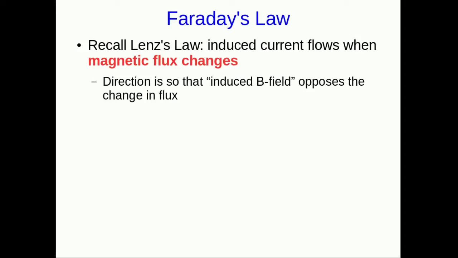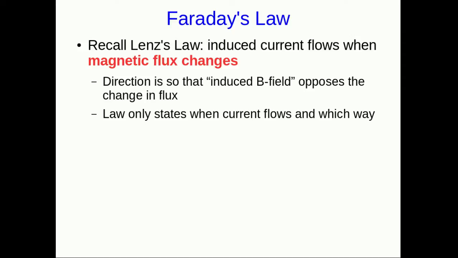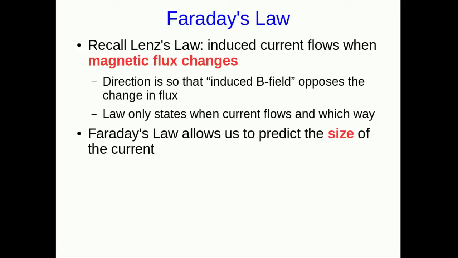It tells us that the induced B field due to that induced current opposes the change in the flux. But note, this only tells us when current flows and which way. It doesn't allow us in any way to figure out how big that current should be. So that's where Faraday's law comes in. It's going to allow us to predict the size of the current, but it's going to do it by telling us the size of the EMF that will drive the current.